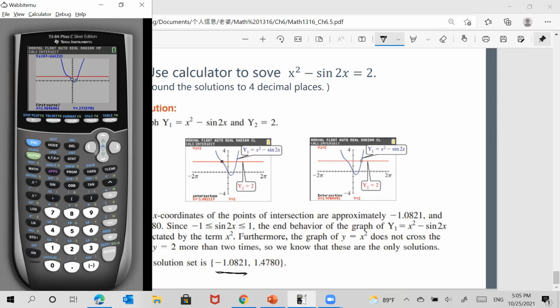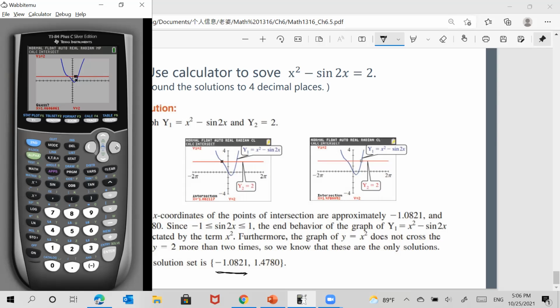Even if it's on the beginning side, it's okay. So I can click enter because the cursor is on the first blue curve. So hit enter. And then it's asking you second curve is your right function. Yes, I hit enter, or I can move my cursor left and right. It doesn't matter. So hit enter.